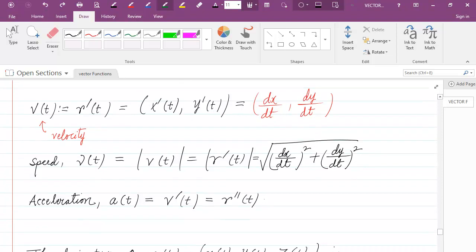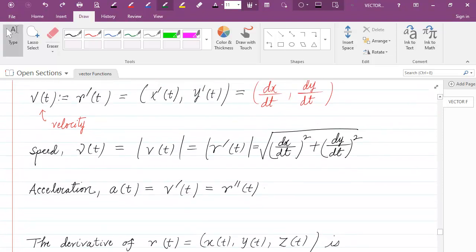One more. So if this is the velocity vector, then what is the speed? Well, speed is a scalar. So speed nu of t is basically the length of the velocity vector. It is the length of r prime of t.